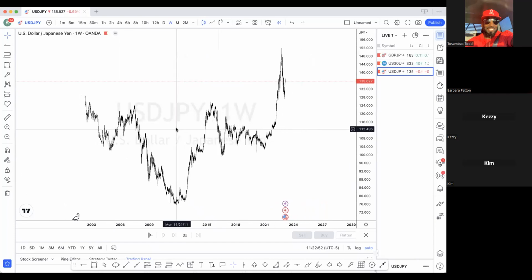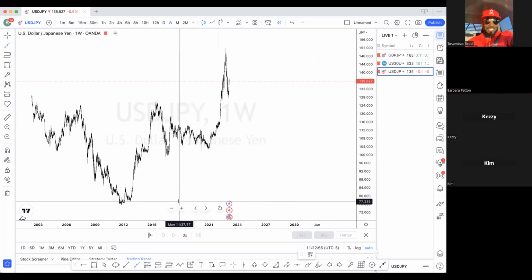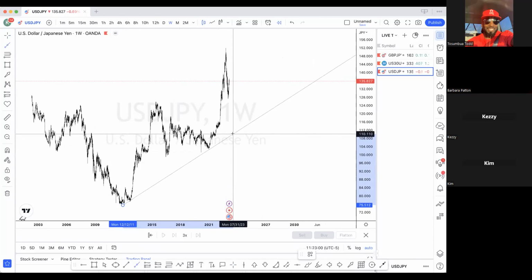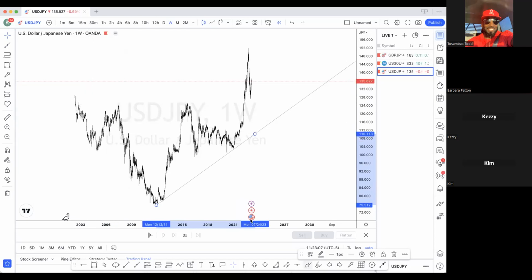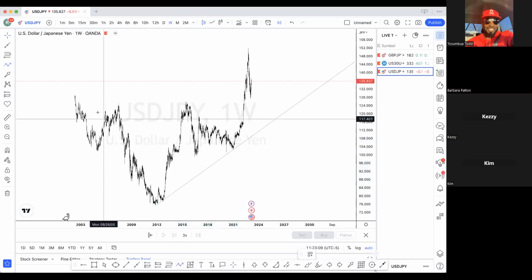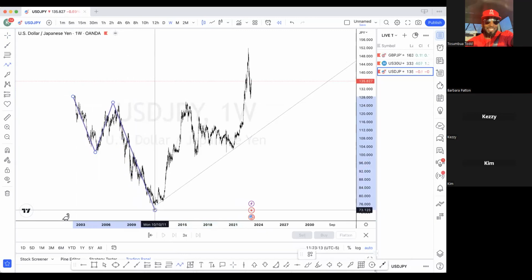So looking at UJ, the overall market structure is bullish, right? So first it was bearish, and then it came and pulled back.